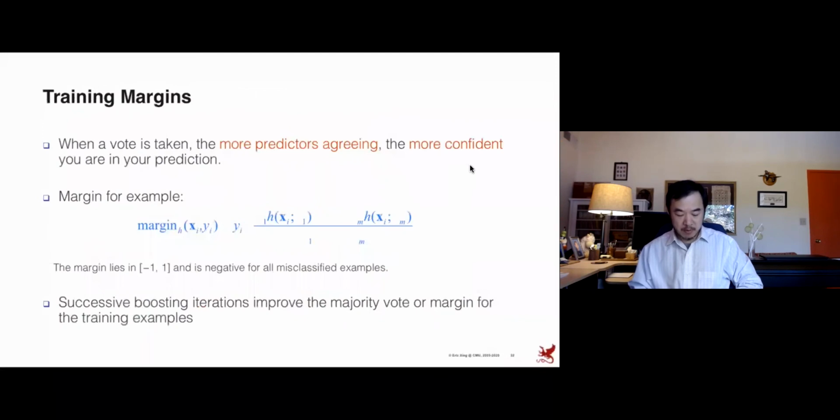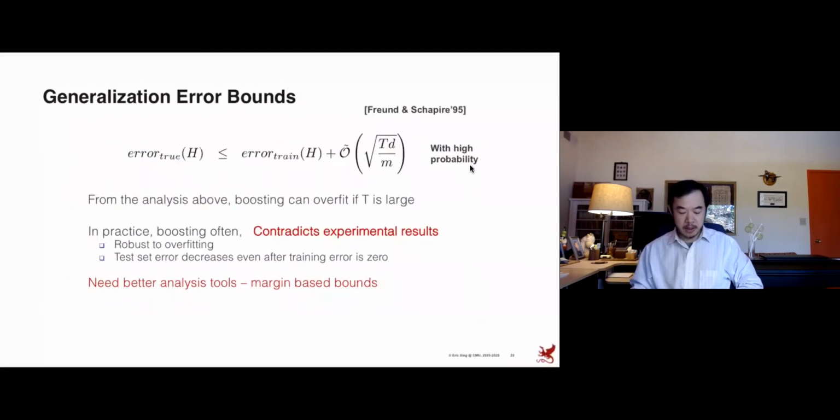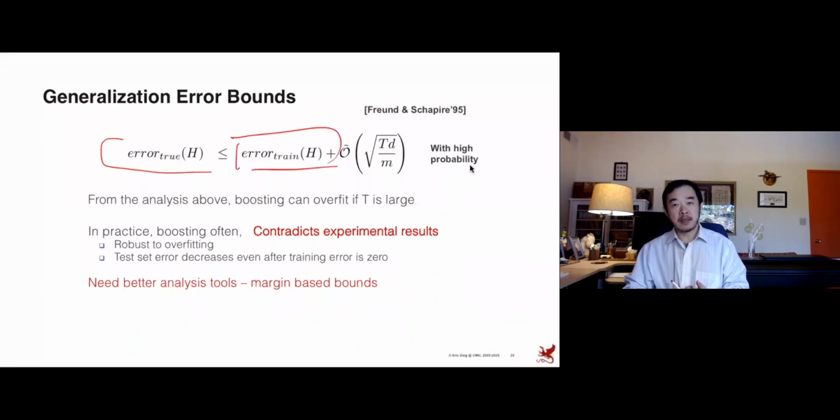Remember that in the original analysis, the error is typically defined to be the counting loss. How many mistakes do you make? You are basically committing a 0 and 1 kind of hard mistake, right? Either you are wrong or right. And that actually leads to this analysis.